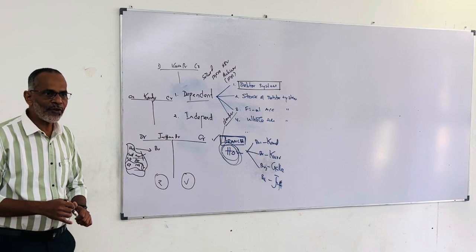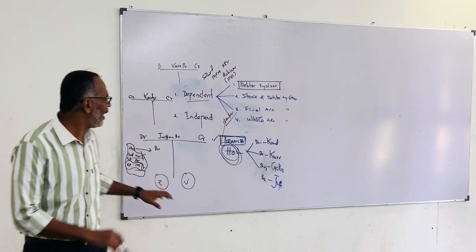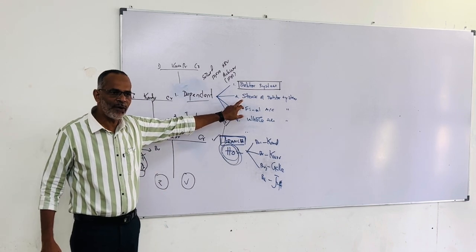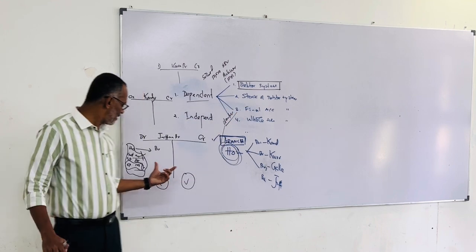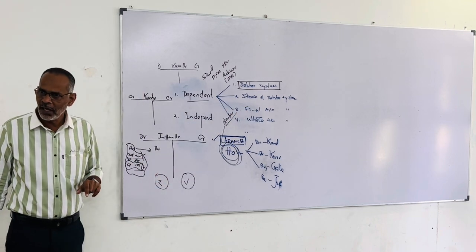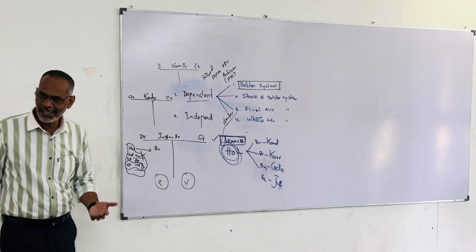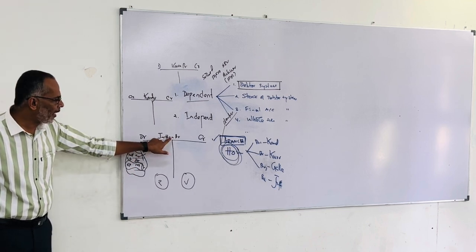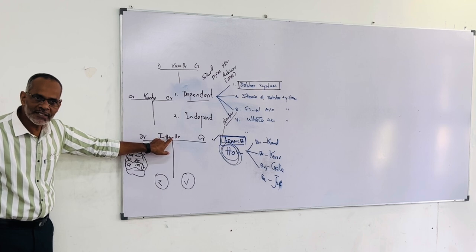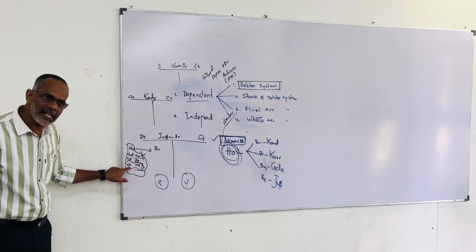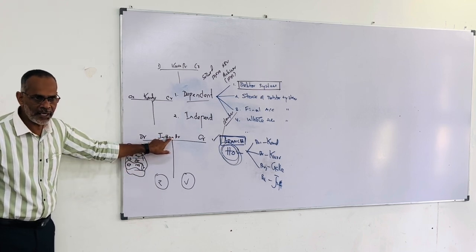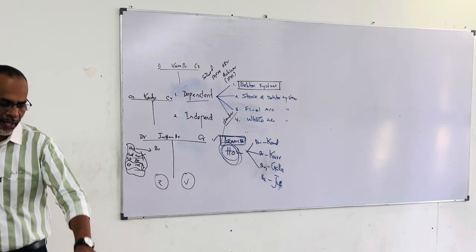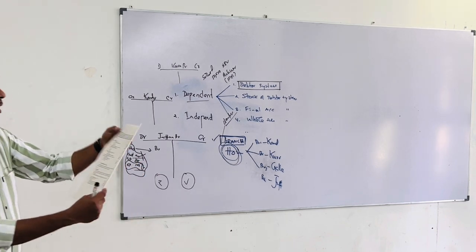If you are going for the selling price, how to prepare the branch account under the debtors system? That is the question they have asked. Understood? If you are using the cost, prepare the Kandy branch account. If you are using the selling price, prepare the Kandy branch account. That's why I have bolded it, to understand.